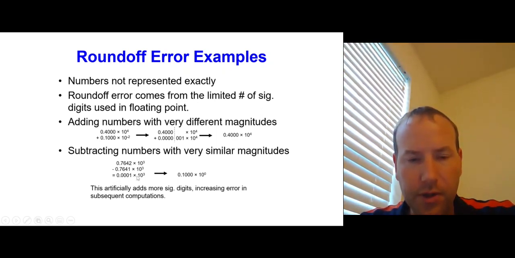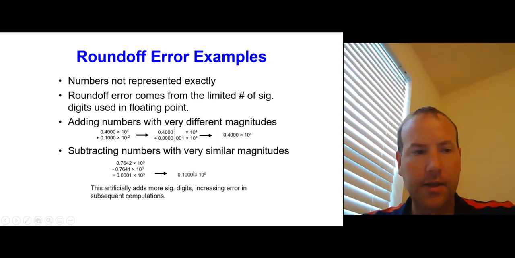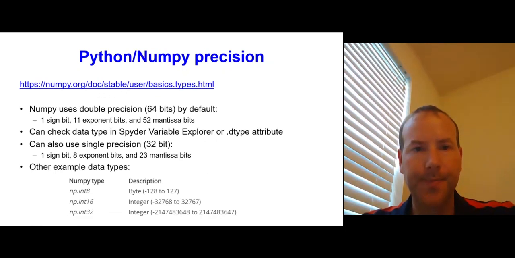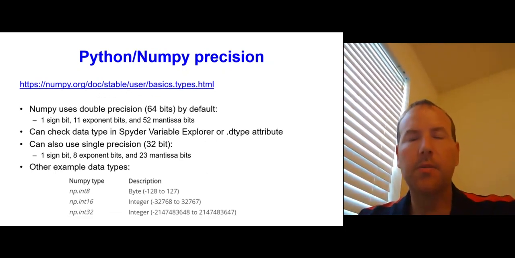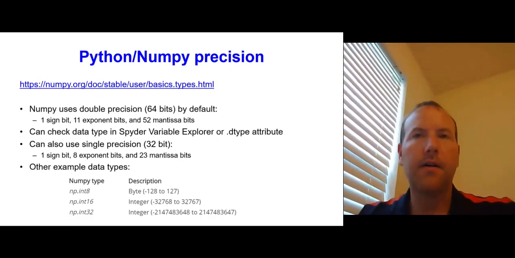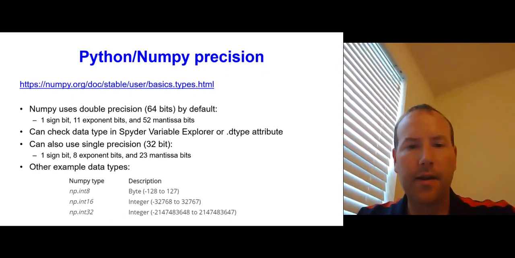The result makes sense, but it's artificially adding more significant digits, and there are going to be errors in these artificially added digits, and so that's going to lead to more problems in the end.